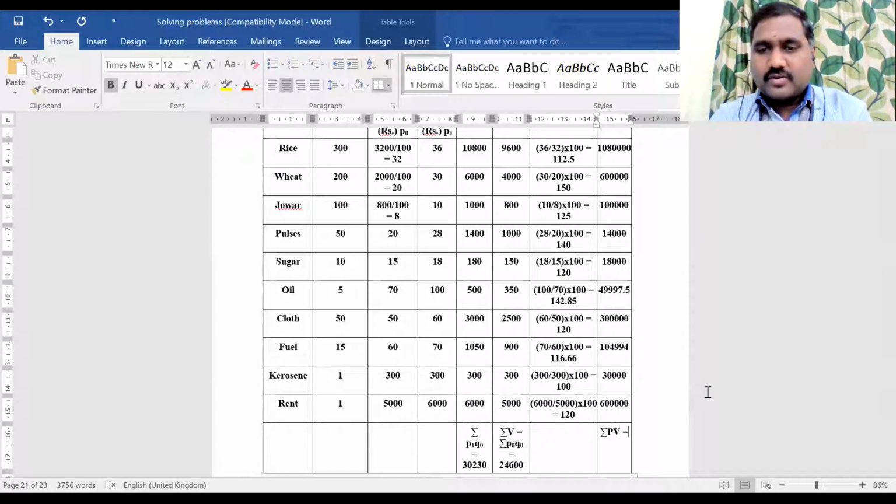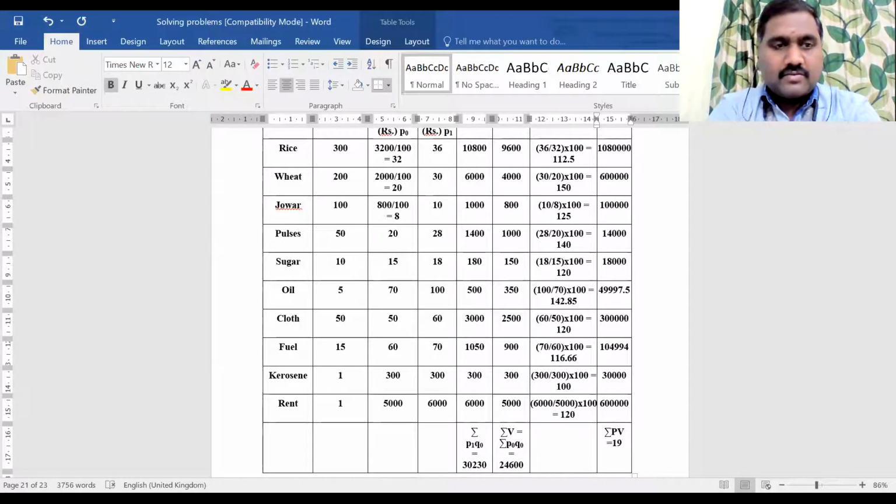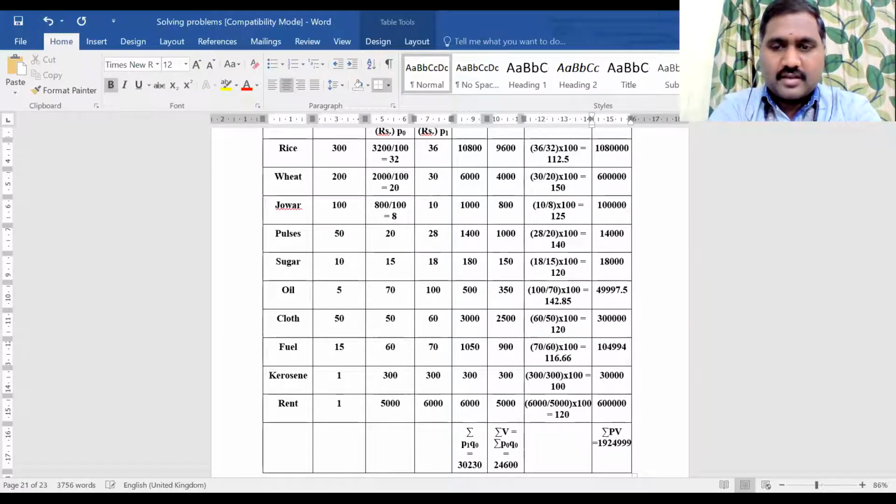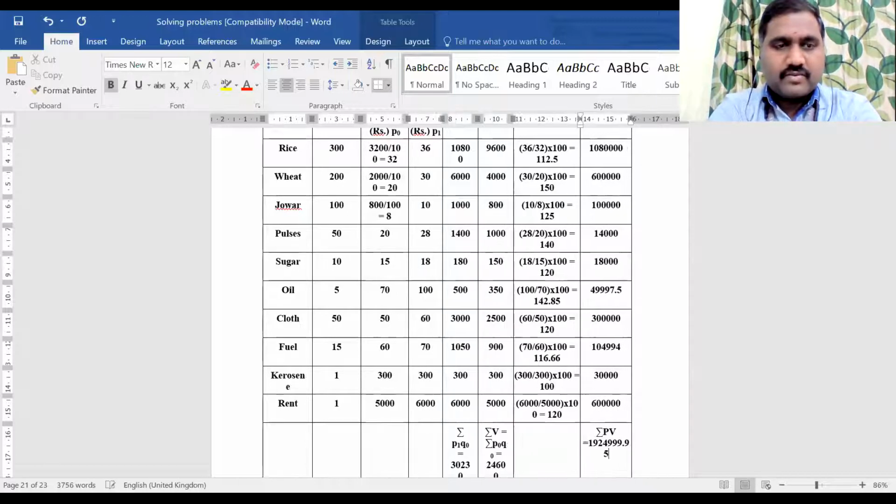And if you add 2 lakh 2,000, 2 lakh 12,000, along with 49. Wow, 19 lakhs 24,999.95. Okay, Arish, good.